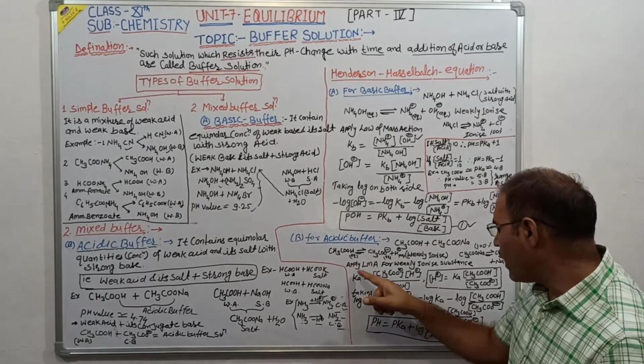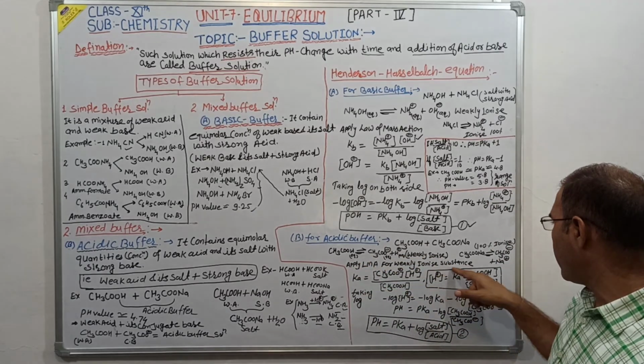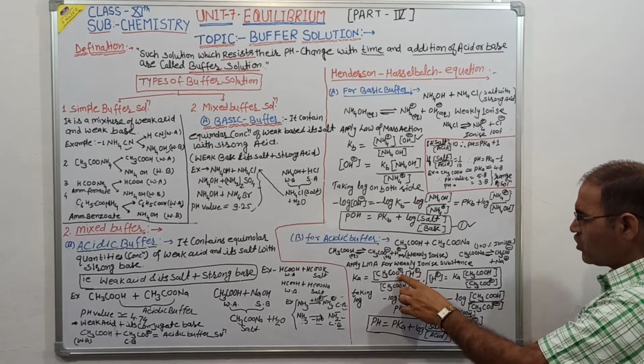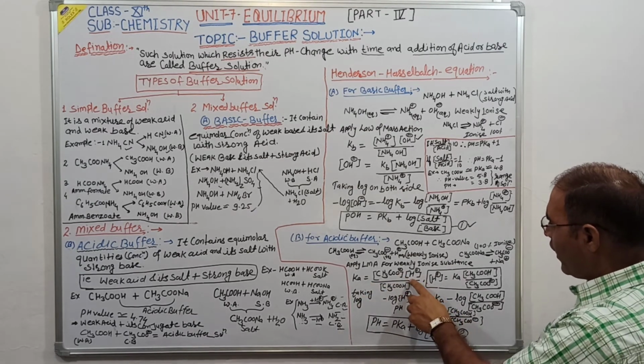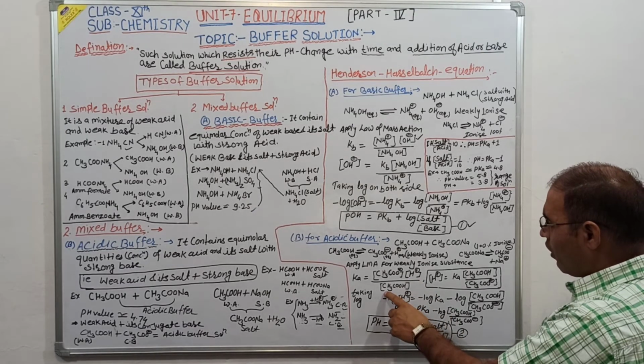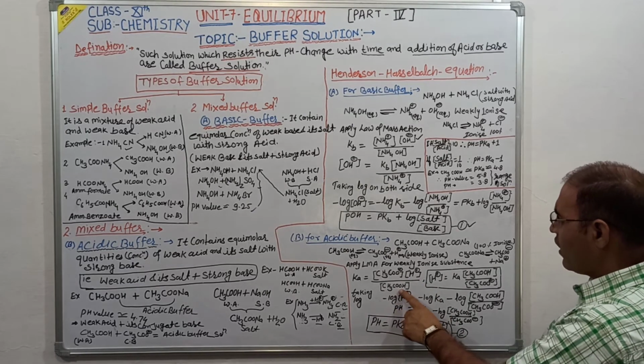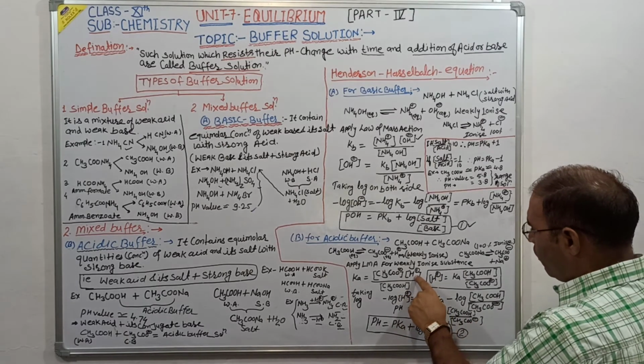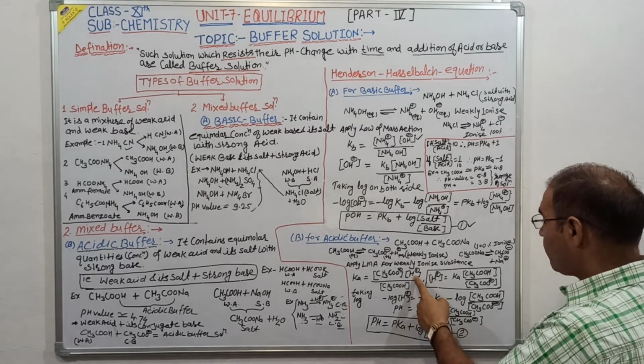Applying the law of mass action for the weakly ionized substance, Ka is equal to CH3COO minus and H plus ion upon CH3COOH concentration.